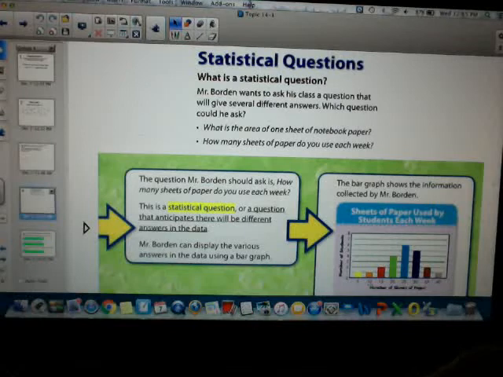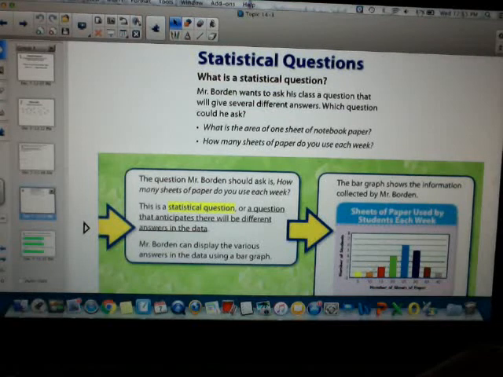One student uses 10 sheets a week. 2 students use 15 sheets per week. And then 20 sheets a week will be used by 4 students. 6 students will use 25 sheets a week, and then you can see where your data begins to taper off.